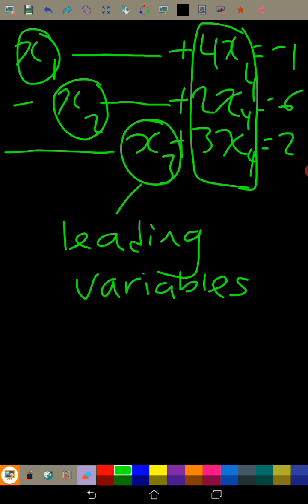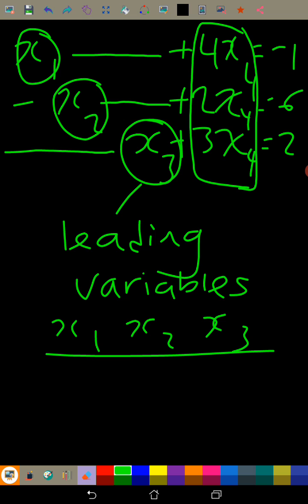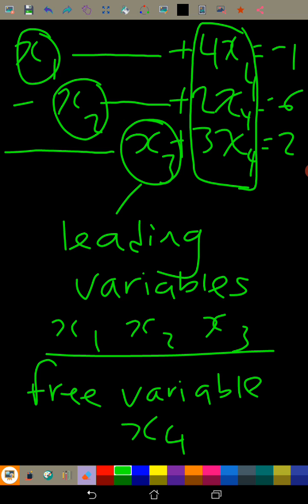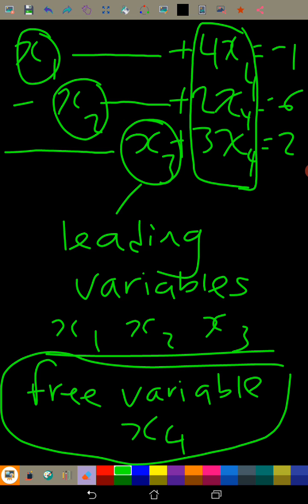The leading variables are x1, x2, and x3. But we have what we call the free variable. There are so many terms. Once you're in matrices, you have to stay there and use all these things all the time, so that it's just like second nature. It's just a language. Mathematics is a universal language.